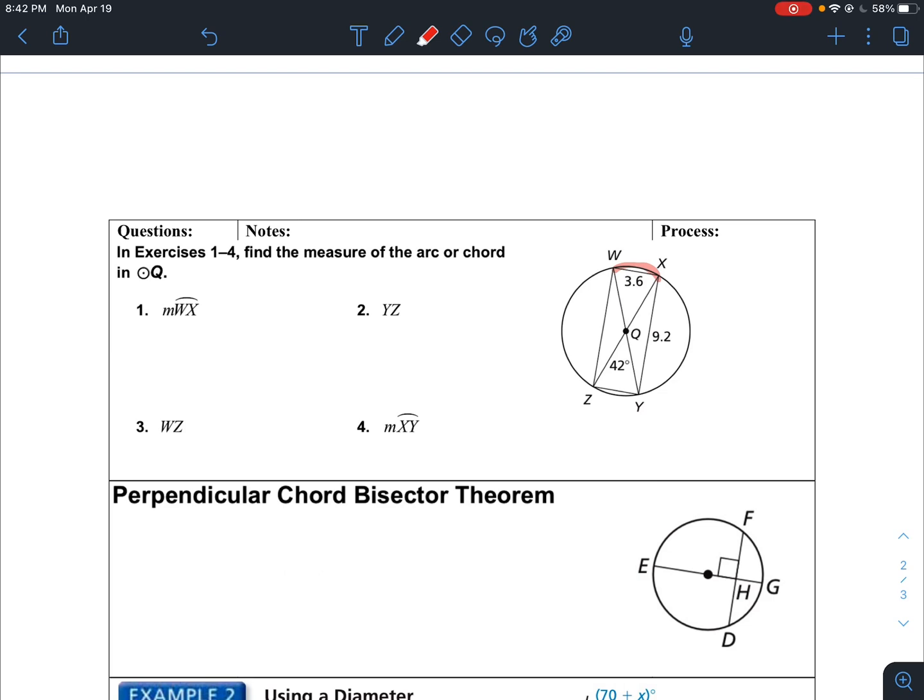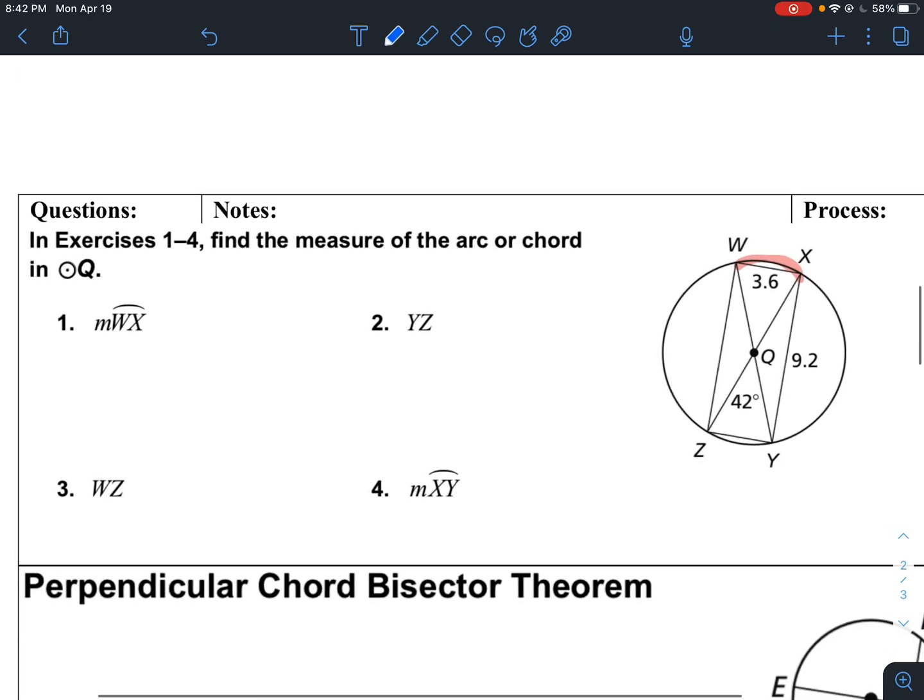Now we already know that this measure right here is 42 degrees. Now these create vertical angles, so this one also has to be 42 degrees. So this means that the measure of this arc is equal to 42 degrees.